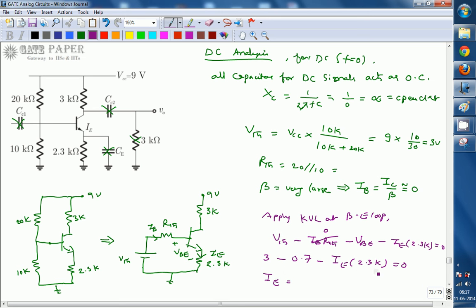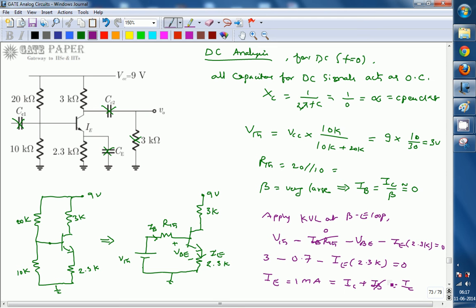So the IE value is 1 milliampere, and you can write it as IC plus IB, but IB is 0, so IC itself is 1 milliampere. The values of IE and IC are the same since IB is equal to 0. This we will use later.